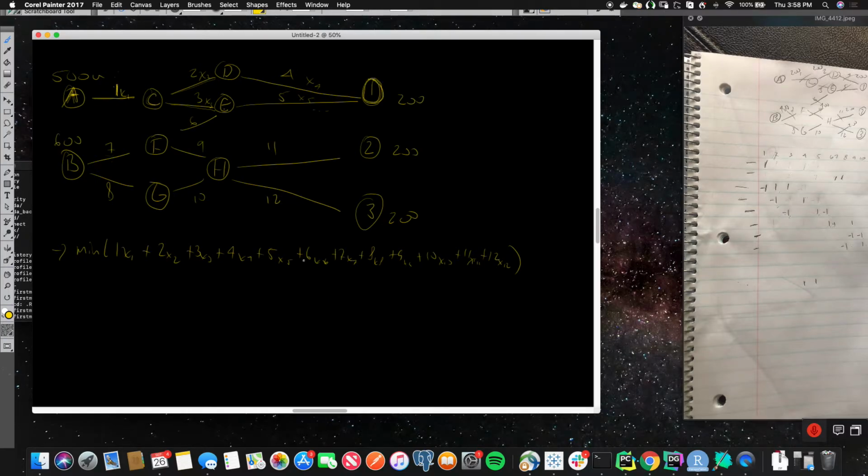And so we know that x4 and x5 are going to have to get 200 units between these two different pathways. So we can say that 1x4 plus 1x5 is equal to 200.